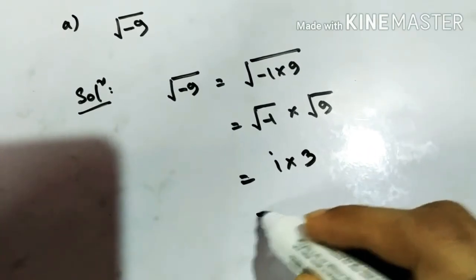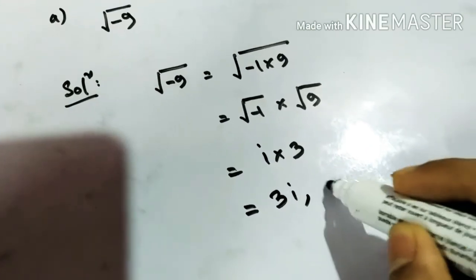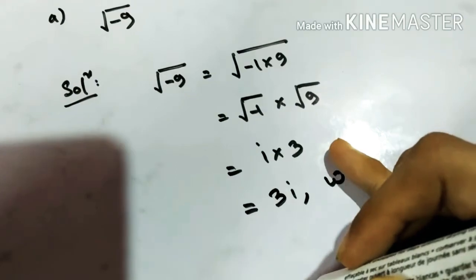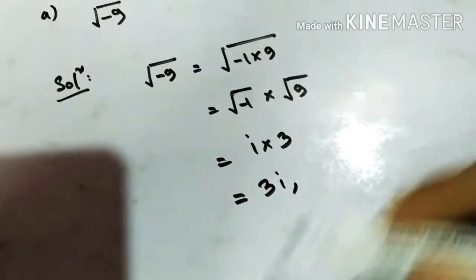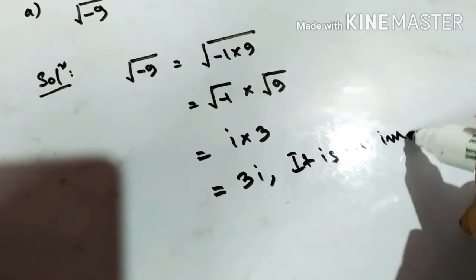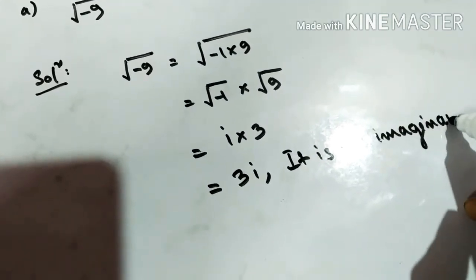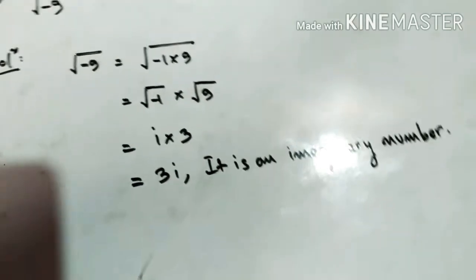So I will get 3i, and 3i is an imaginary number.